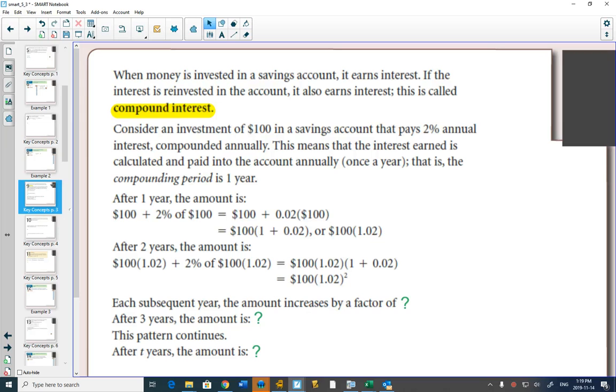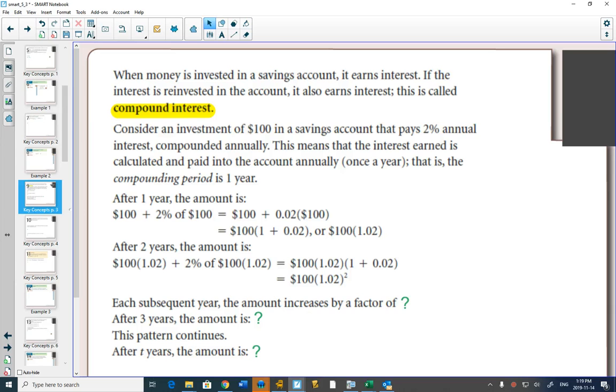If it was compounded every year, it's $102. So the fact that you have compounded it more often means you would have made 1 more cent. Not a lot. And if you go to Dollarama, that doesn't matter anyways, because they just round it down. But the more times it compounds, the more money you would make.